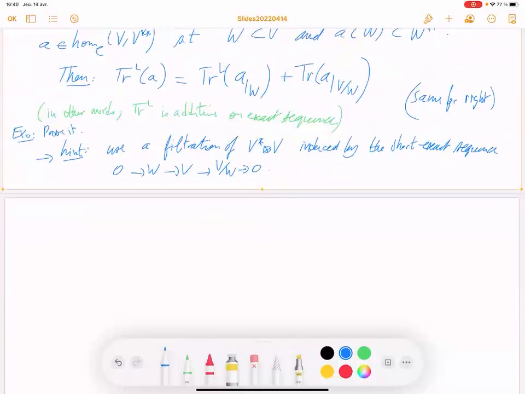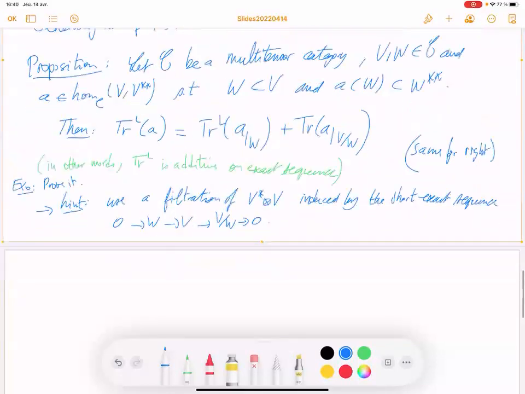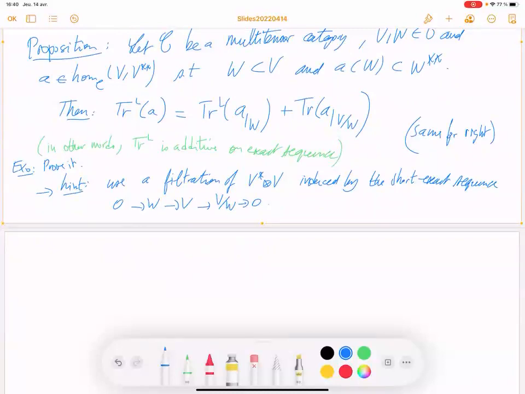Okay. Now, what about now? Definition. Now we will introduce a fundamental notion in a monoidal category, the notion of pivotal structure.